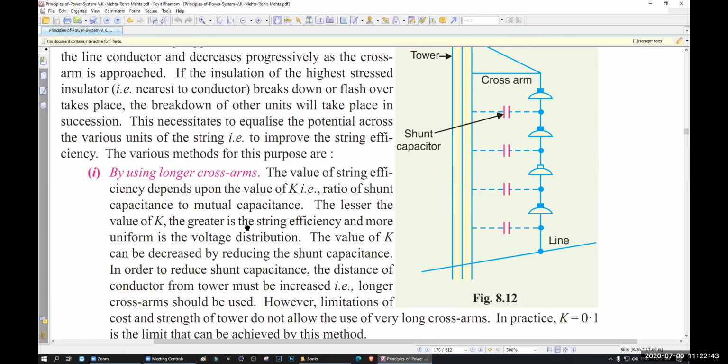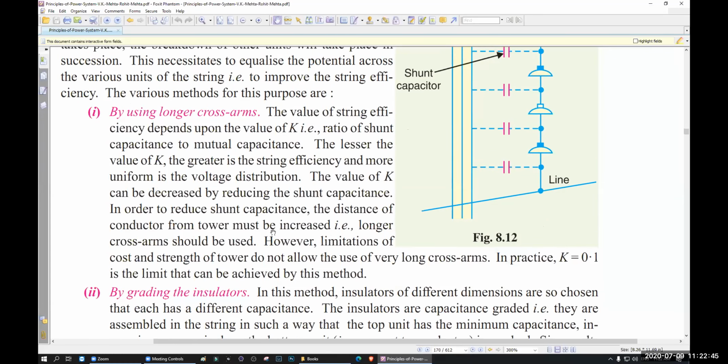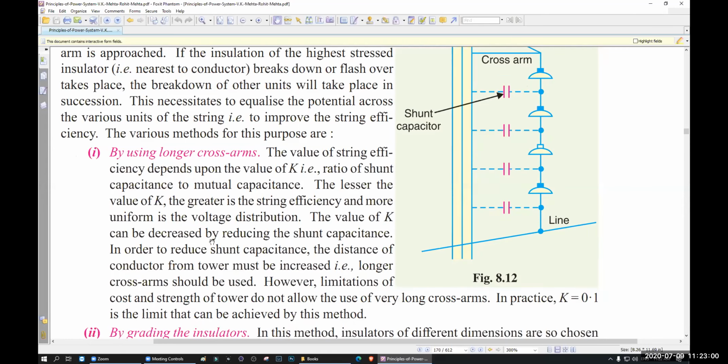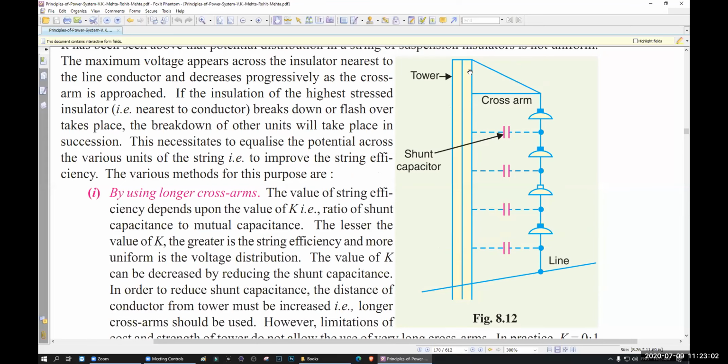That is one method. Now this method is problematic. Why? Because the limitation of cost and strength of tower do not allow the use of very long cross arms. If you use a very long cross arm, it can break, right? So that is the problem with the strength. And if you use a very big cross arm, you need to use a heavier tower.